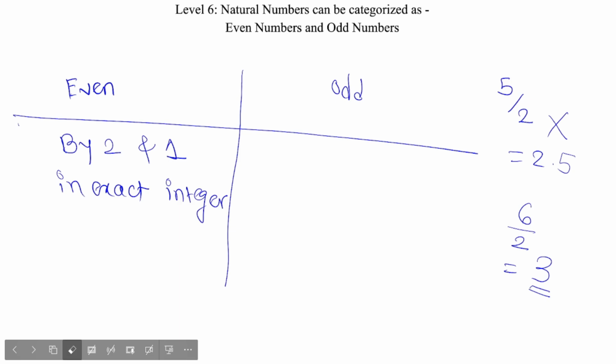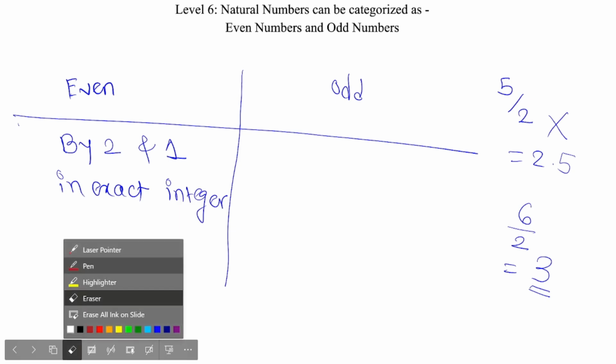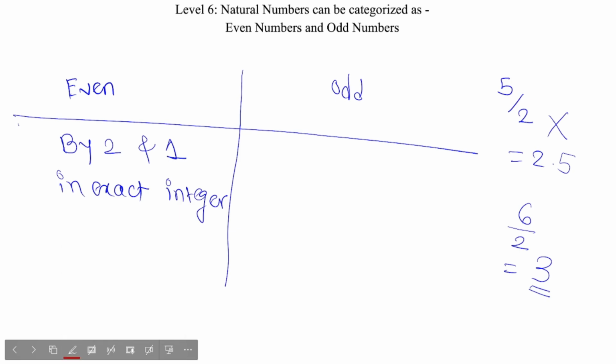So let us take some examples. Even numbers are numbers divisible by 2, like 2, 8, 14, 94, 100, 160, 210, etc. Now let us understand what an odd number is.